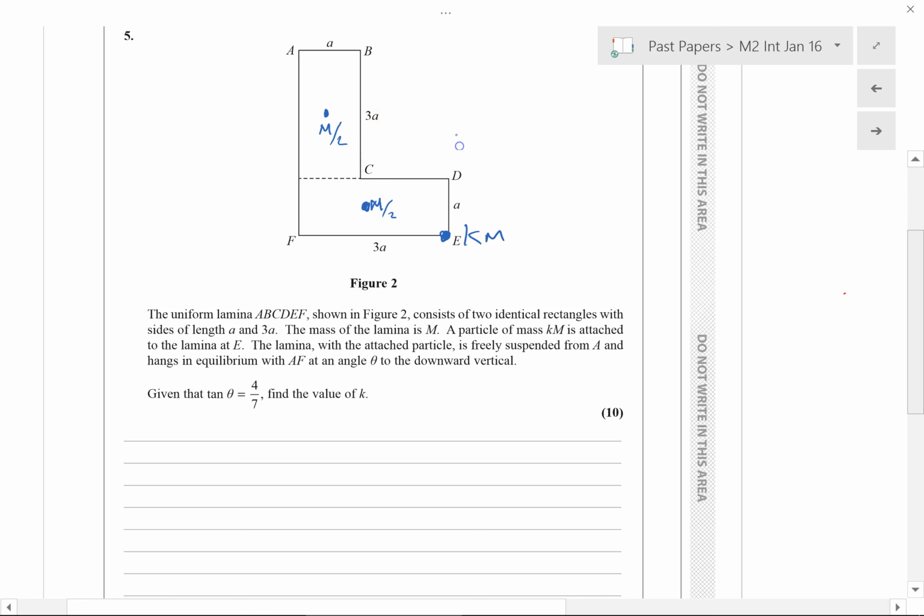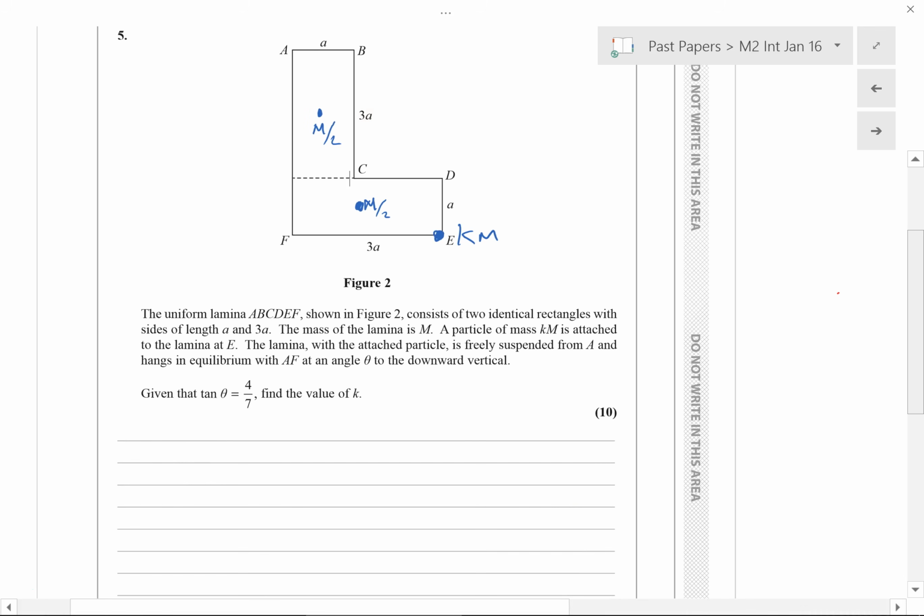But I think we need to get expressions for x bar and y bar, the centres of mass, before we proceed really. I tend to like to put things in a table with this type of question when we've got an x bar and a y bar involved.